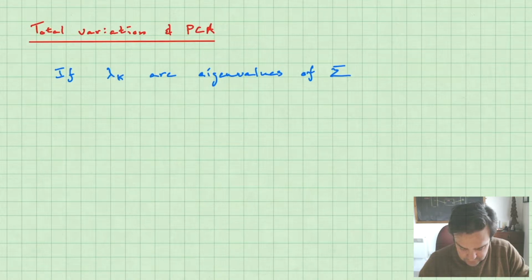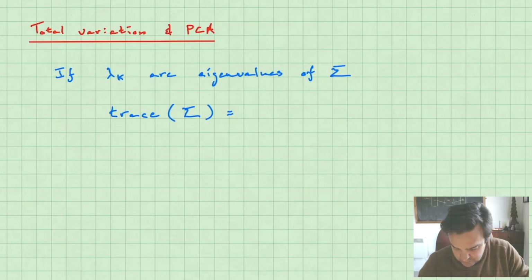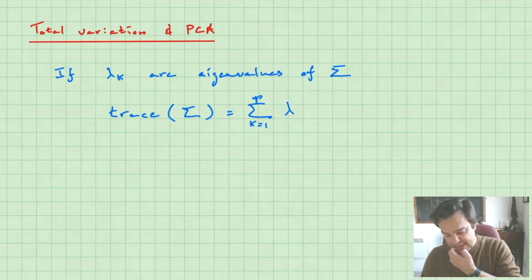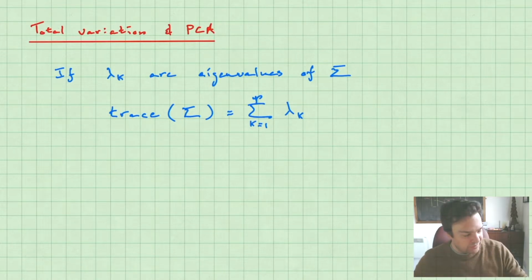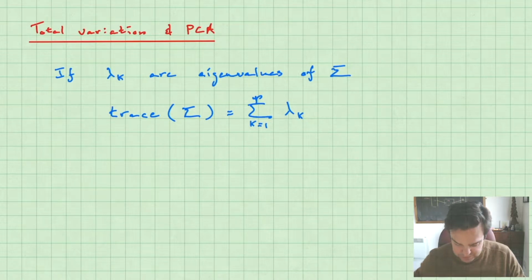The trace, this is a rule we saw before, the trace of sigma is equal to the sum of all of the eigenvalues, so the sum of k equals 1 to p of lambda k. And that's nice to know because you can compute the trace of sigma without finding the eigenvalues. You can just add up all of the diagonal elements, which is what the trace does.